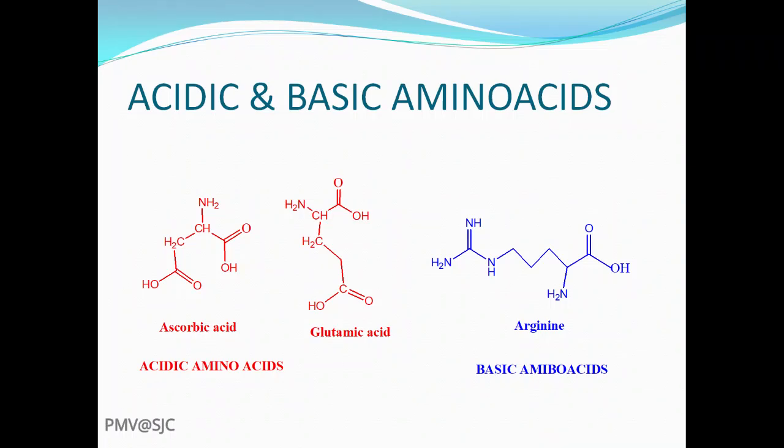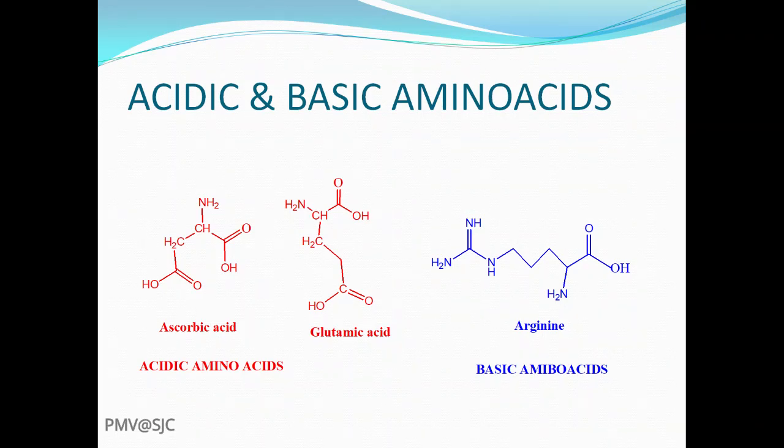While in basic amino acids, apart from the required one amino group and a carboxylic acid group, you will find more than one amino group or any form of nitrogen.